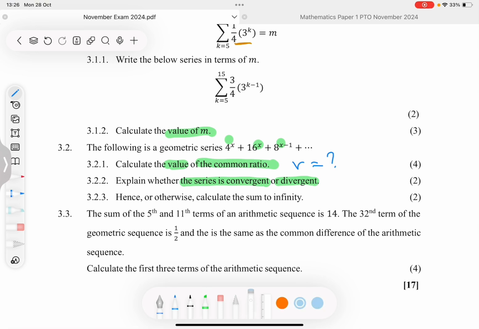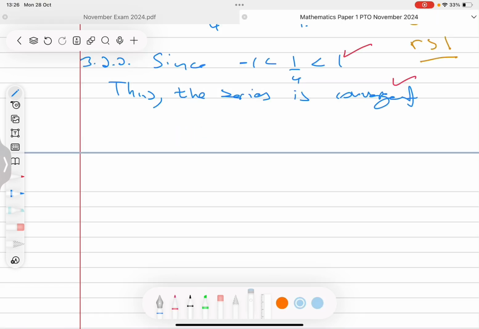So here they say hence or otherwise. Remember in our previous question 2, we spoke about what hence and otherwise mean. Hence or otherwise calculate the sum to infinity. They want us to calculate the sum to infinity. This is 3.2.3.